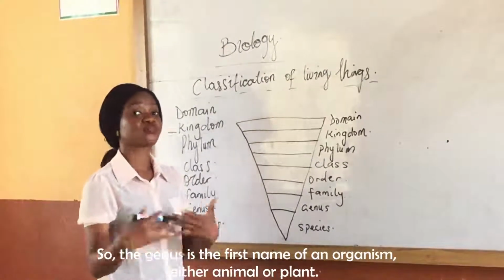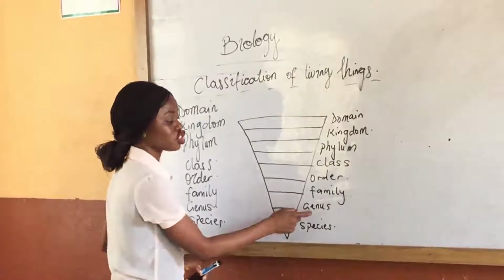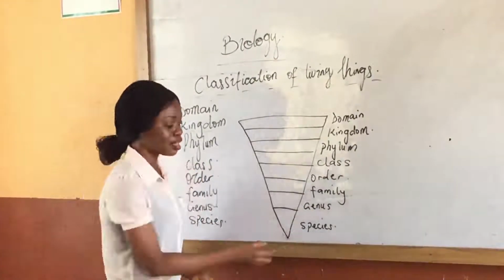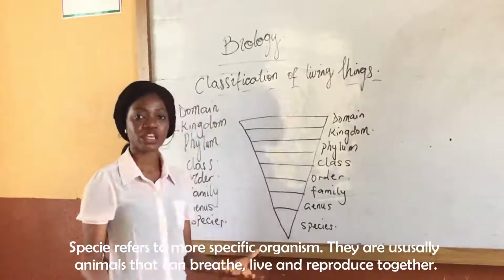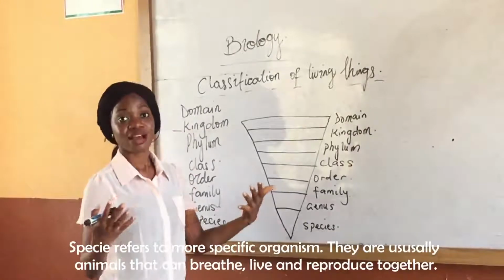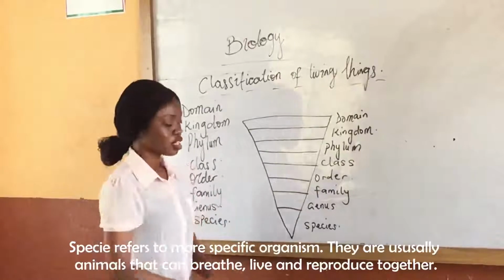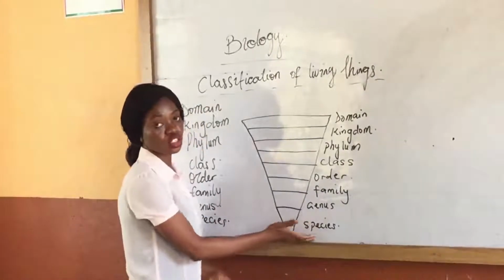Scientifically, all sorts of scientific names of animals or botanical names of plants. The genus is the first name. And then the species are more specific organisms, usually organisms that can breed together, stay together, reproduce. They are grouped in the species.